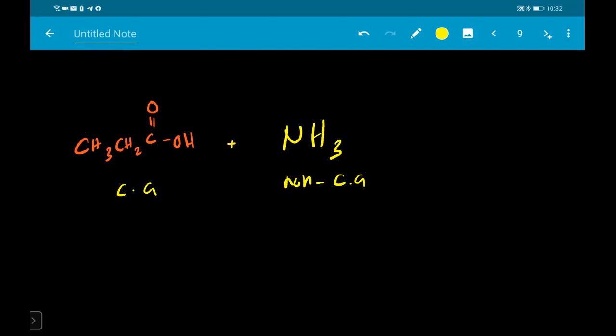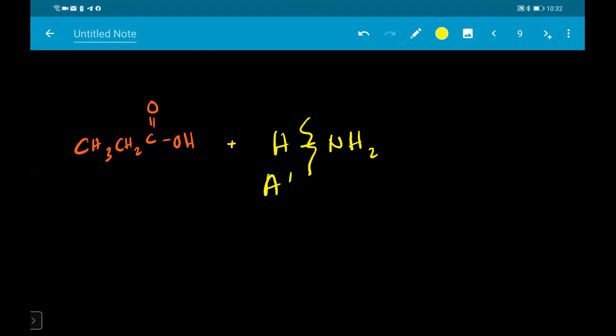Yes, we can, because NH3 can also be written as NH2 with the H taken out. Why? Because it has that H. Remember, the H needs to be isolated so that we can label it as A prime.